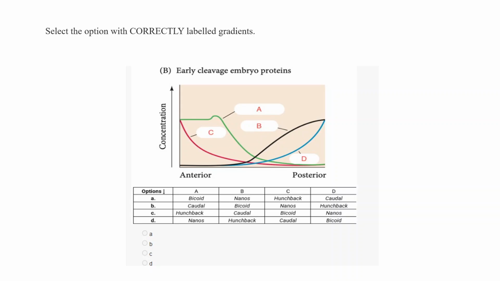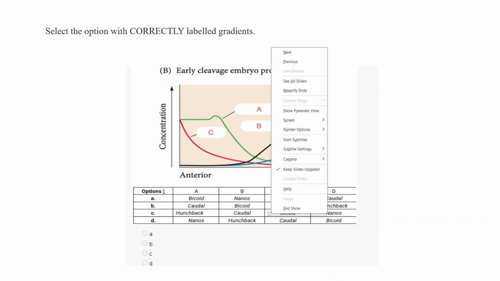Let us start with bicoid. Bicoid is high at the anterior and low at the posterior. Here this is the anterior and this is the posterior, so it should be high at the anterior and go down at the posterior. So C is bicoid. Then caudal.